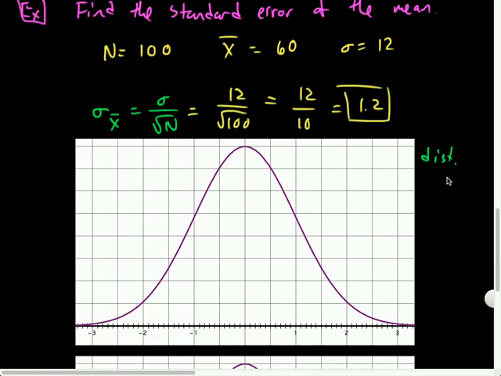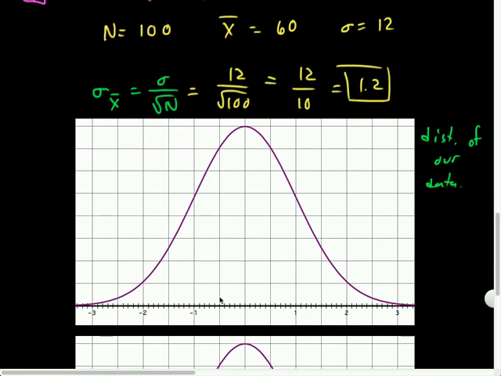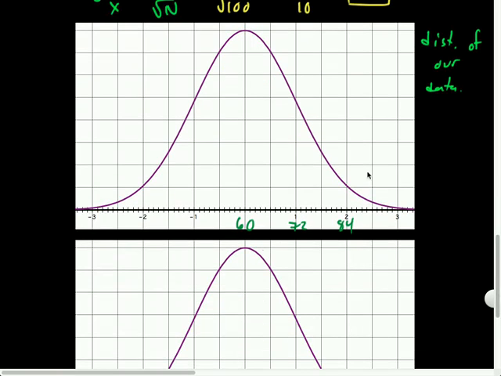So the distribution of our data values: the mean was at 60, and the standard deviation is 12, so one standard deviation above would be 72, two standard deviations above would be 84, one standard deviation below would be 48, and two standard deviations below would be 36, and so forth. So this is the distribution of our data, how it would land if it happens to be normally distributed.